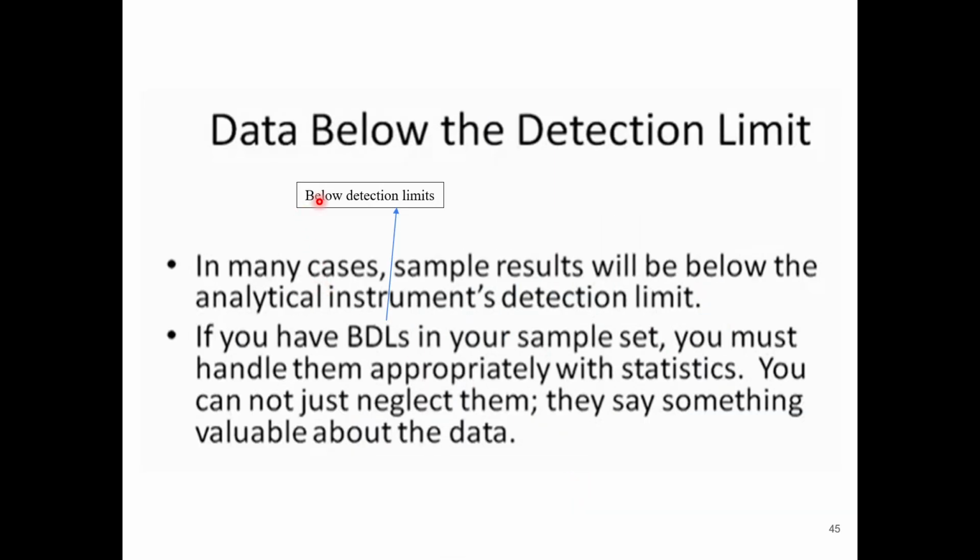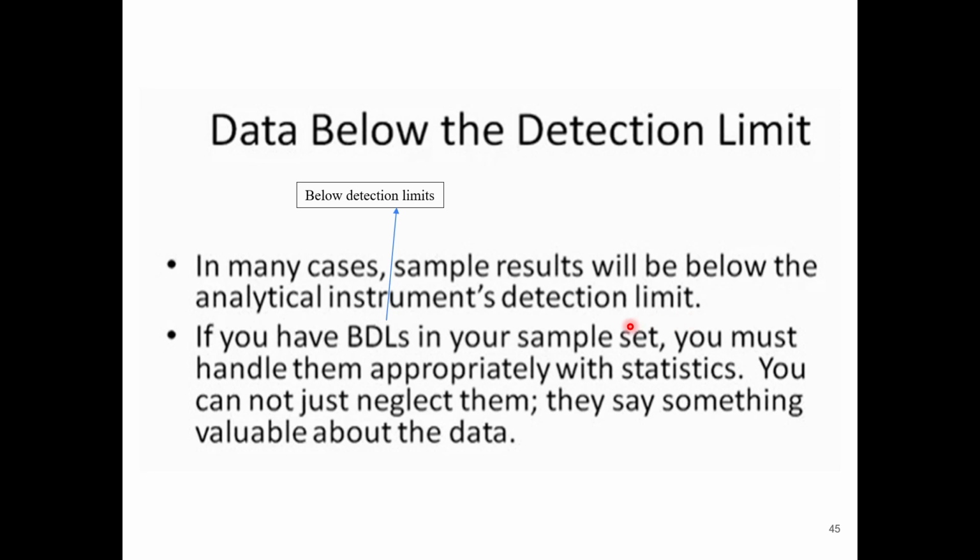Now let us see the data below the detection limit. What to do about it? In many cases, sample results will be below the analytical instrument's detection limit. If you remember, at the start we calculated the MDL value, the method detection limit.